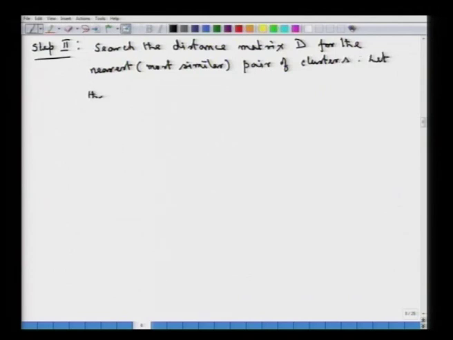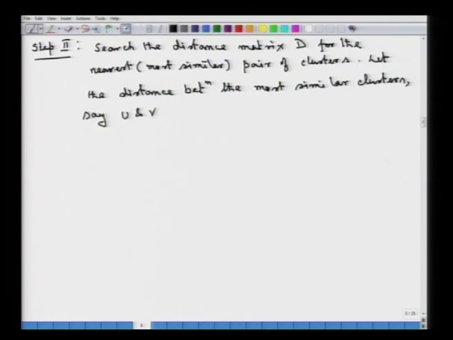Let the distance between the most similar clusters, say u and v, 2 points, be denoted by duv.